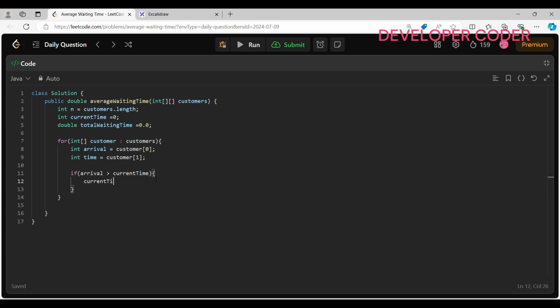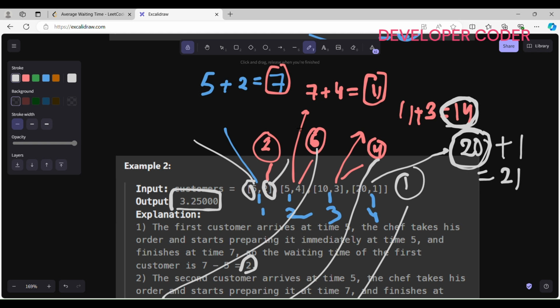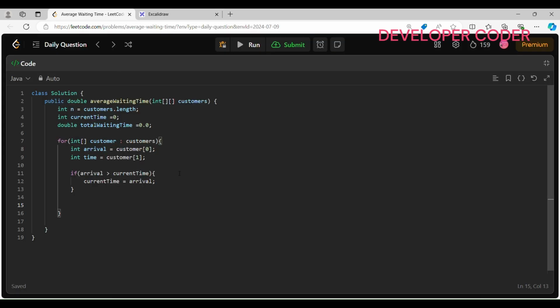Current time is equal to arrival. Otherwise, every time to this current time I am just adding these values, so current time plus time. That's what I need to write.